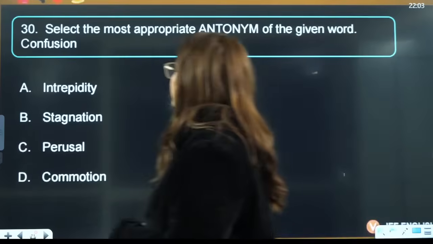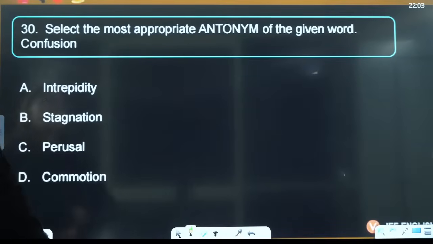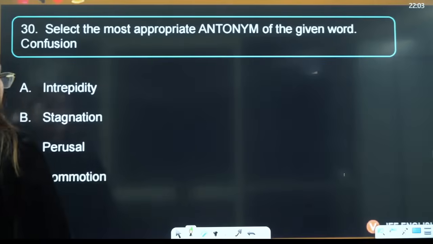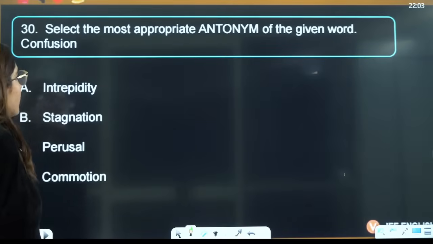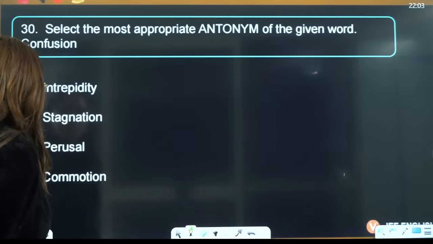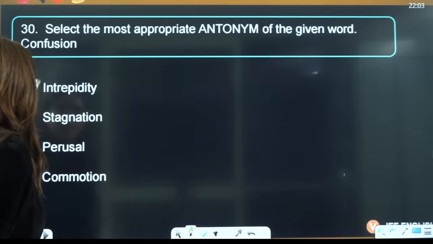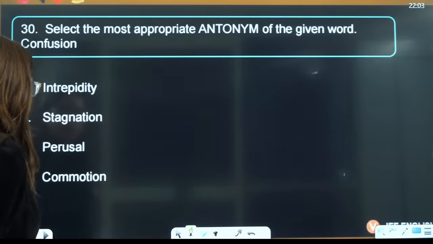Okay. So select the most appropriate antonym of the given word: confusion. Tell me, what is the antonym of confusion here? Persuade, intrepidity, stagnation, or commotion.